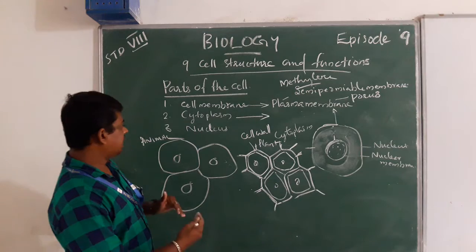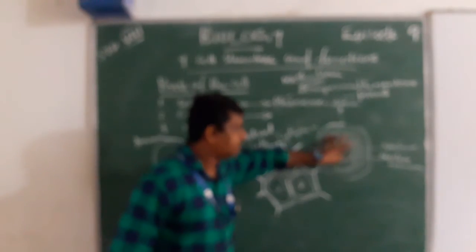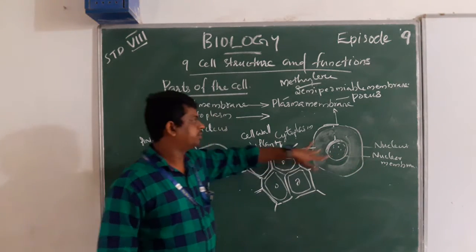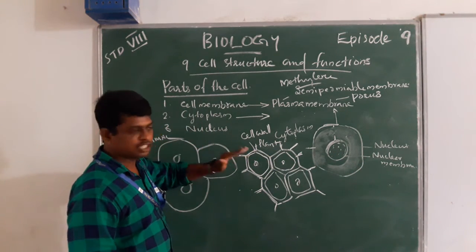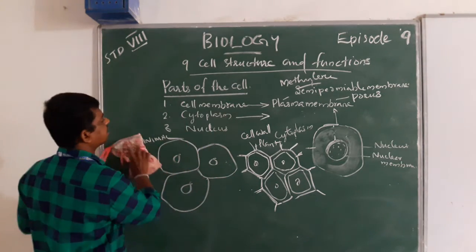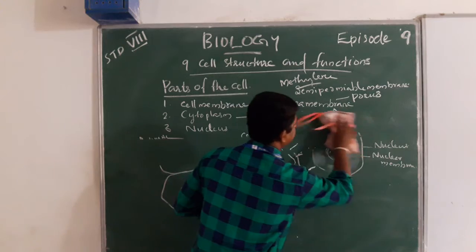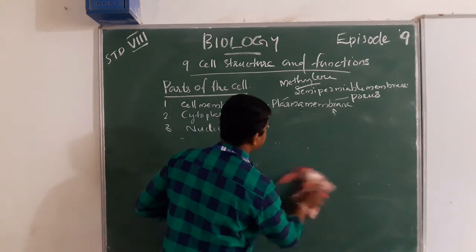Next we are discussing the next part, that is the cytoplasm. We have discussed the cell membrane and cell wall. But before that, let us recollect these points.